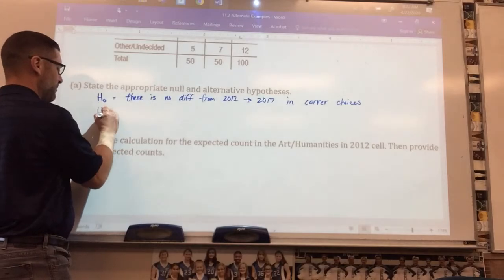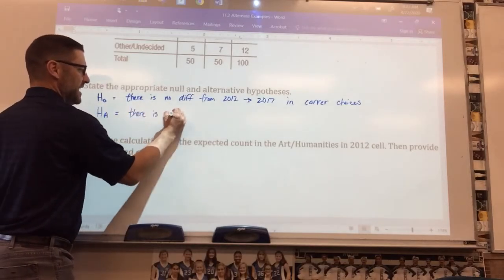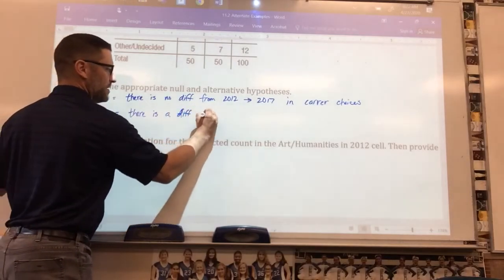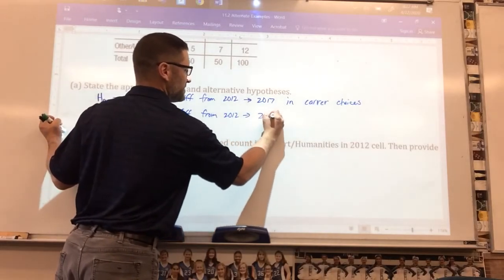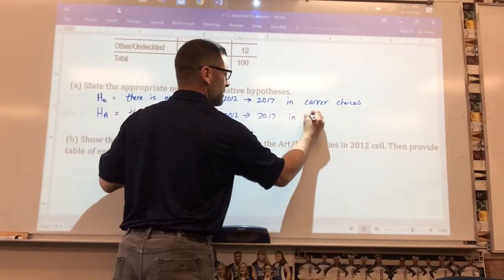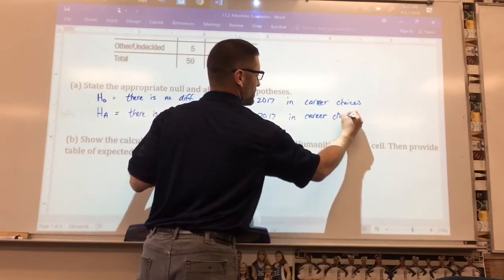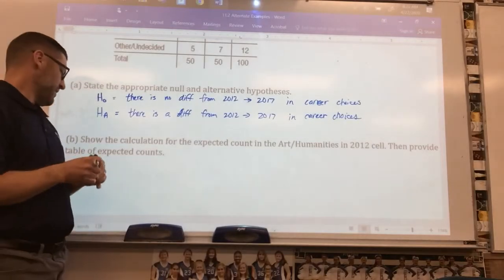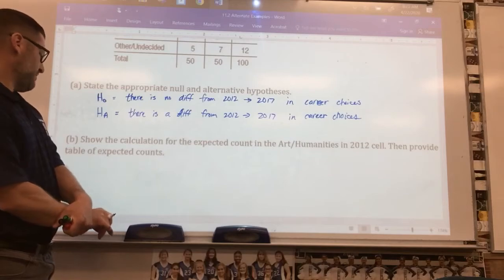And my alternative hypothesis would state there is a difference from 2012 to 2017 in career choices.